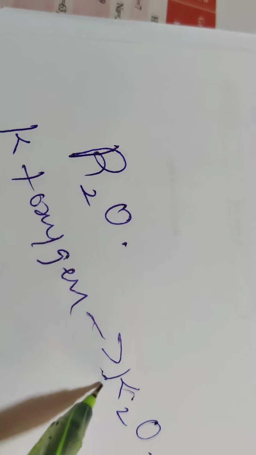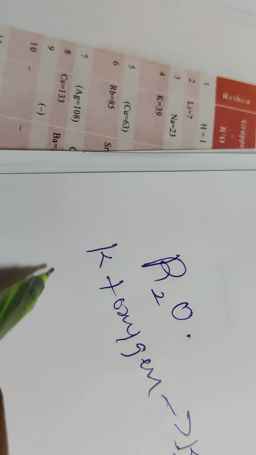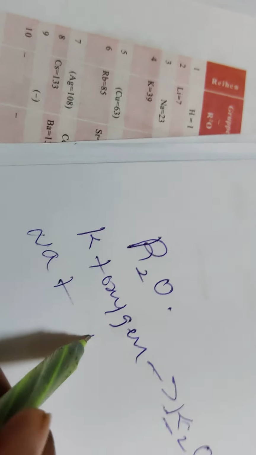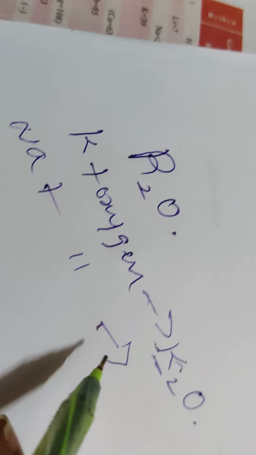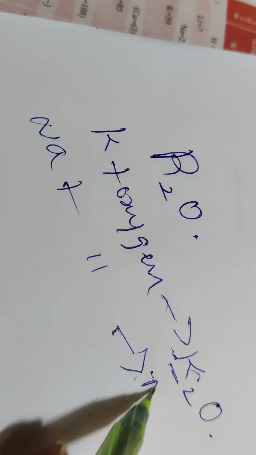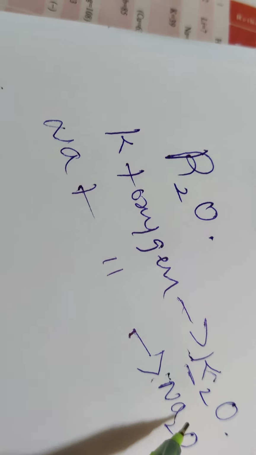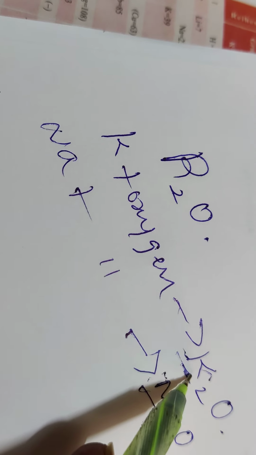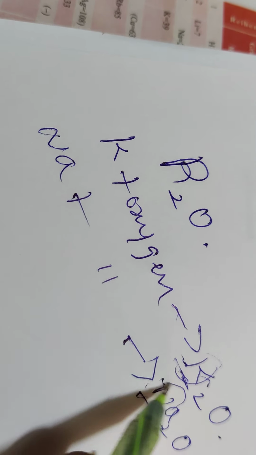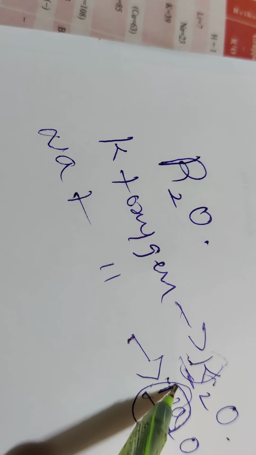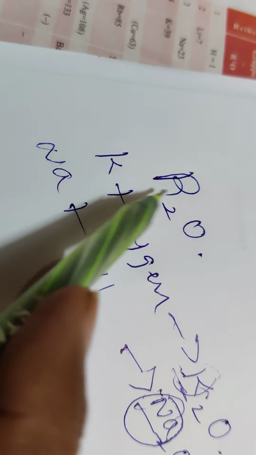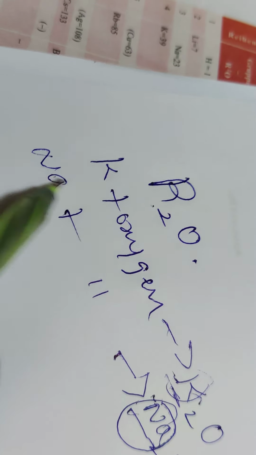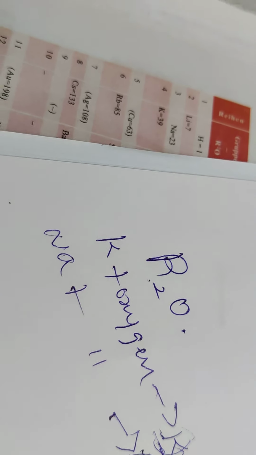Or if you take sodium with oxygen, sodium forms Na2O. So here, instead of Na and K, the general formula is given as R. Instead of R, whatever metal you are taking, you can write it.